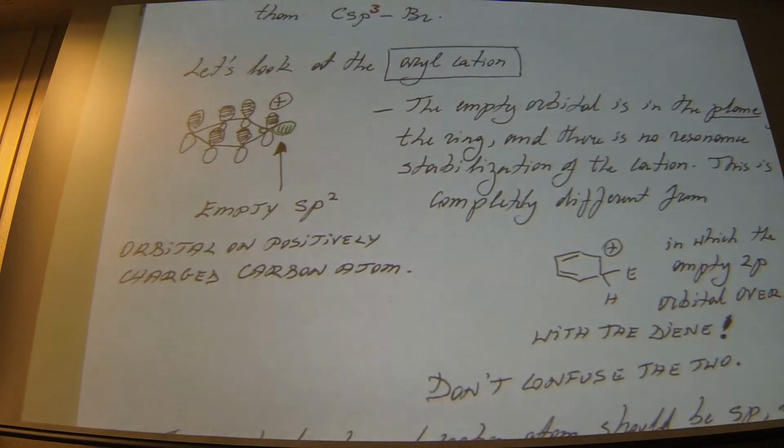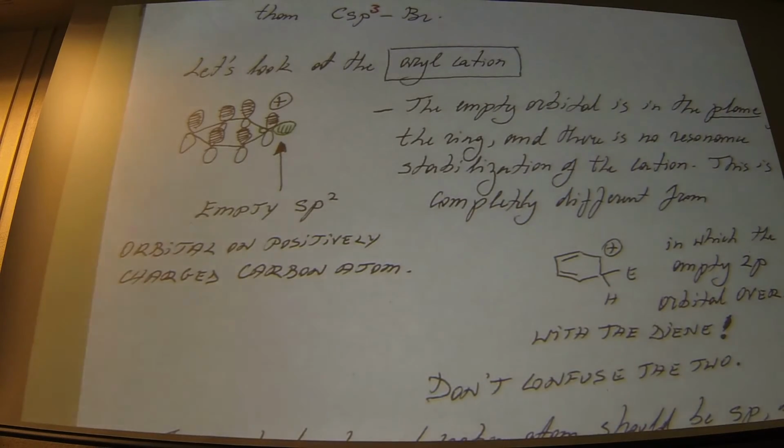Now, there are other problems with this too. First of all, you might question why in the vinyl case I said that the positively charged carbon has to be sp hybridized and linear with bond angles of 180 degrees. And here you'll notice I showed it in a ring.